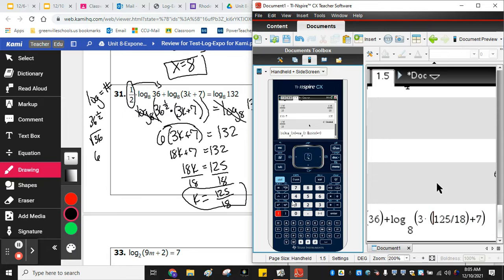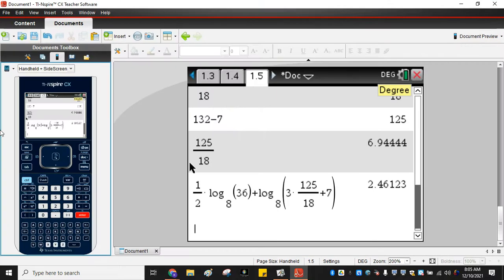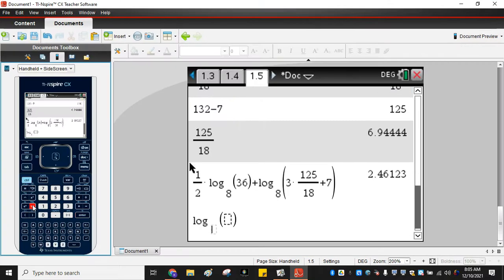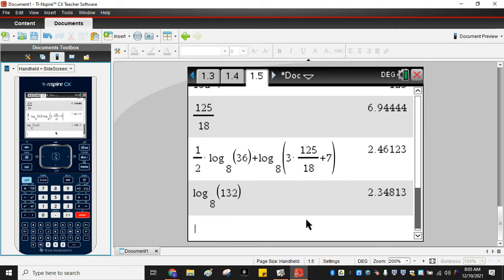If they were needed, they'll stay. So just go ahead and put that in parentheses. And I'm just going to say log 8 of 32. Make sure that equals log 8 of 132. Does that equal log base 8 of 132? No, it doesn't. Something's wrong. It doesn't look like a rounding error either, so something went wrong.